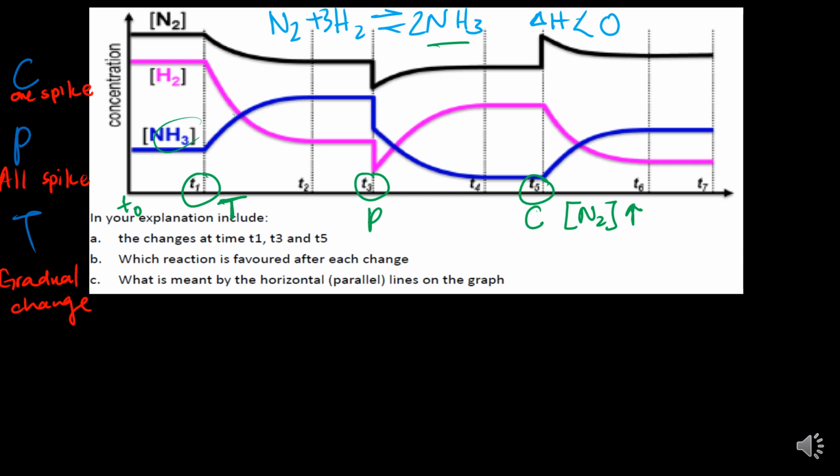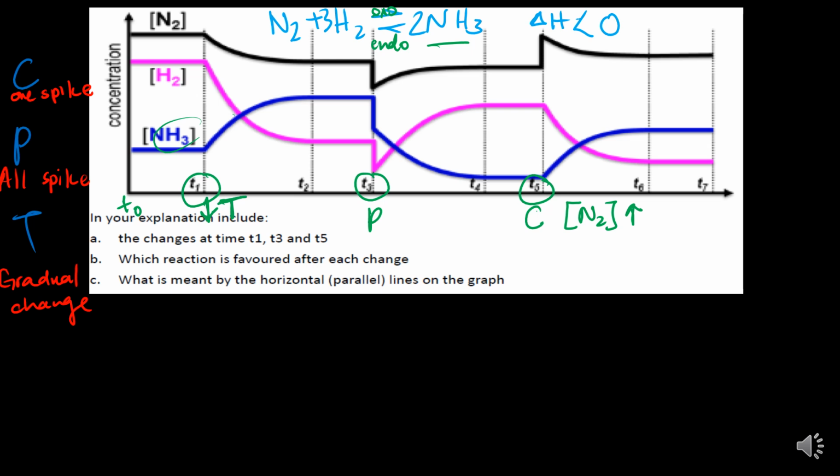Which means the forward reaction was favored. The forward reaction is exothermic. The reverse reaction is endothermic. So we know that a decrease in temperature favors the exothermic reaction. It favors the reaction that releases heat, to reinstate equilibrium. So that means a decrease in temperature is what must have happened at T1.